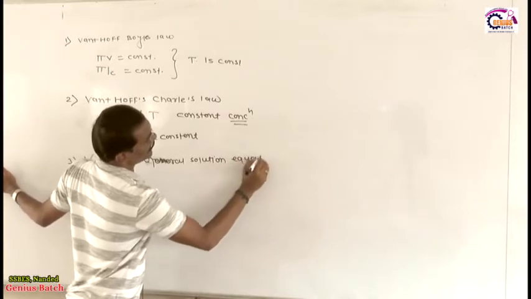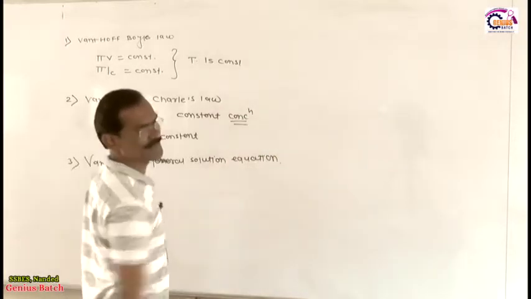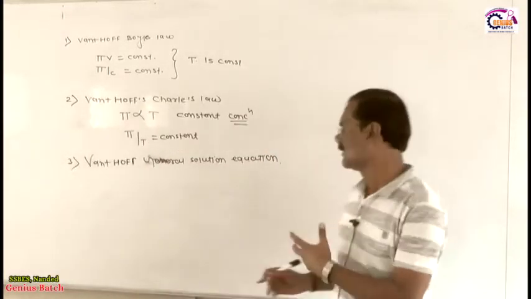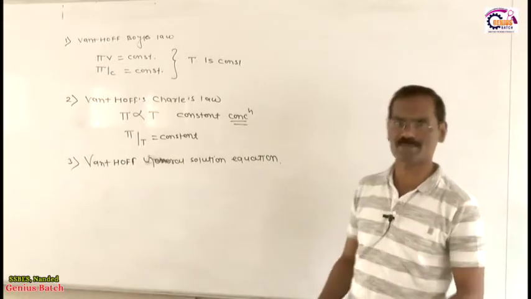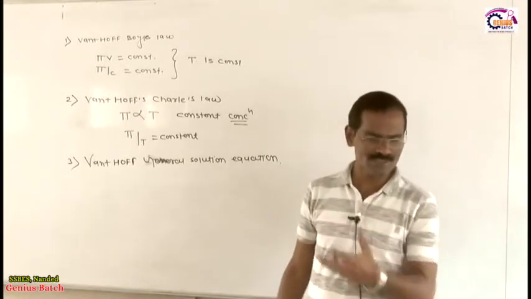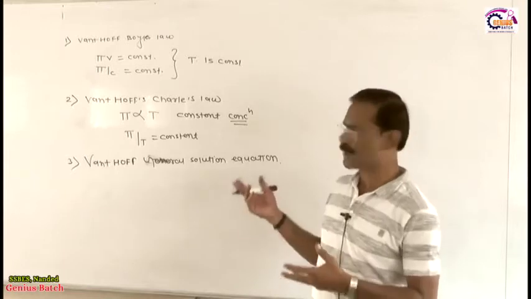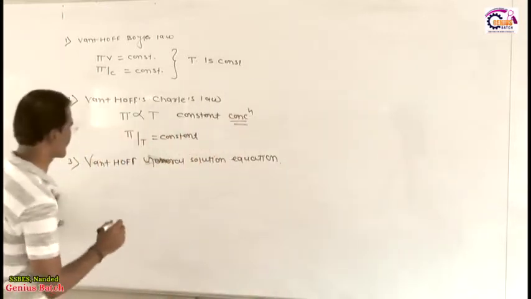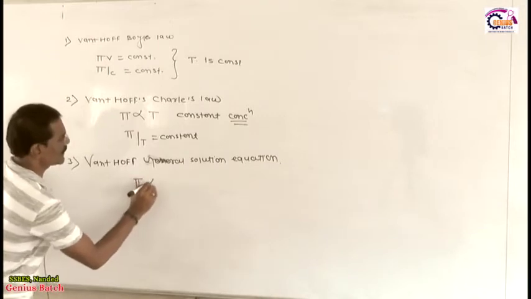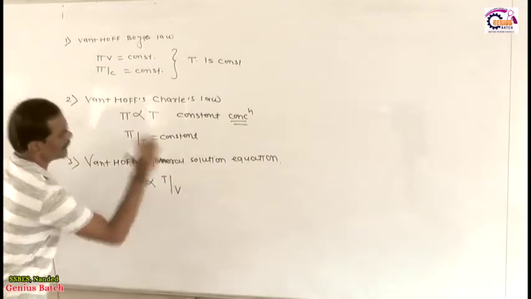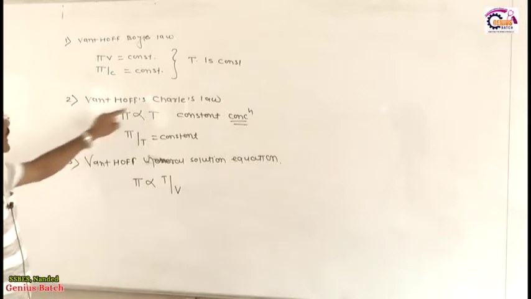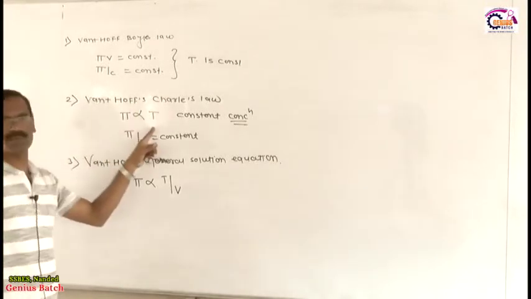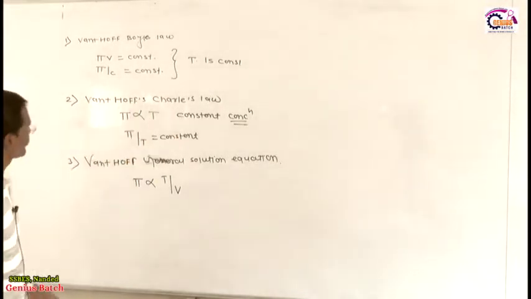Now my dear students, what is the Van 't Hoff general solution equation? Combining Van 't Hoff-Boyle's law and Van 't Hoff-Charles law, pi is directly proportional to T by V. According to Charles law, pi is directly proportional to T at constant concentration.